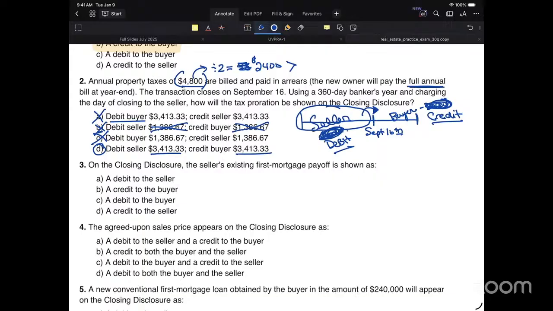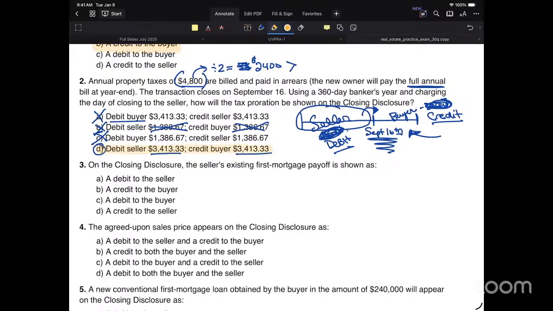I can do the math, and we're going to have plenty of these on this page, so we'll do the math later, but I wanted to show you you could still guess your way to the right answer simply by drawing out this bar, understanding when the closing is, and saying, hey, that means the seller needs to pay the majority of that $4,800 to the buyer. We get the right answer, which of course is D.